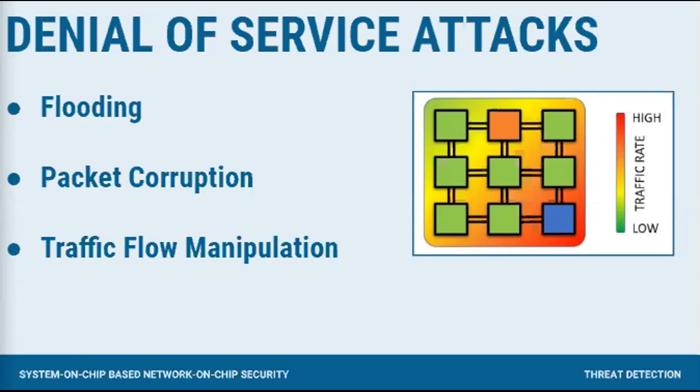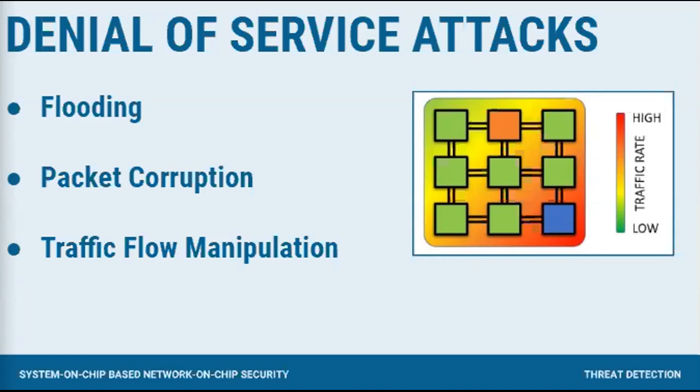When it comes to packet corruption, it's about the continuous corruption of packets, and this can also lead to denial of service attacks, for example, tampering with the flits arriving in the input buffer of a router, causing performance degradation. The last one is traffic flow manipulation.